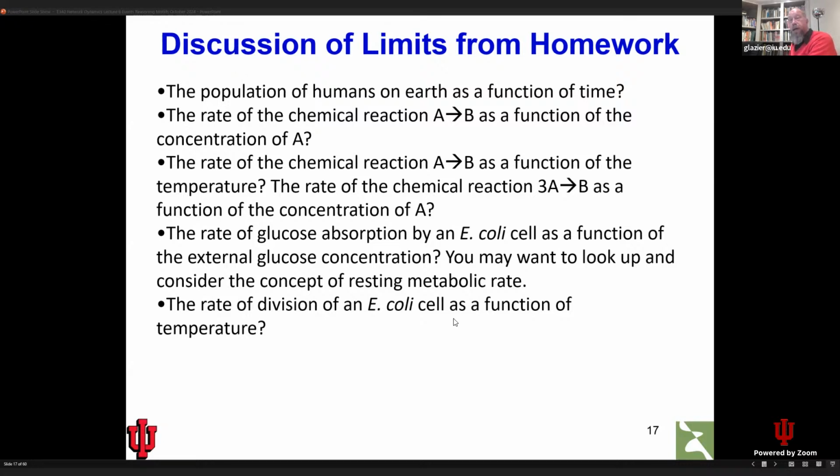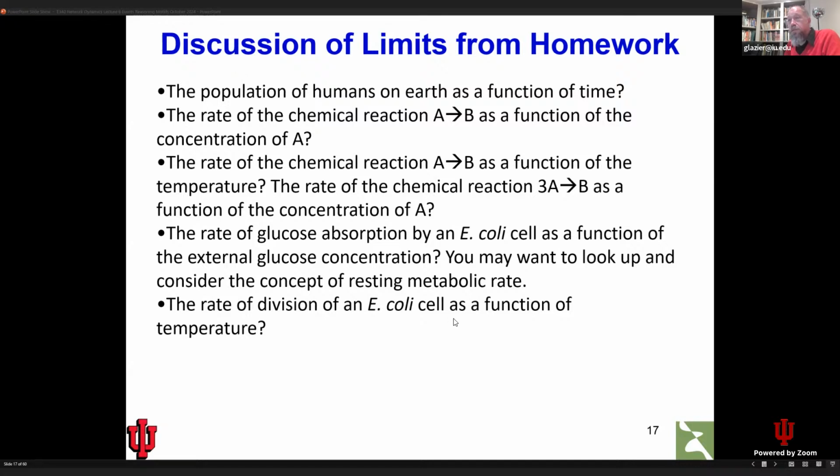On the other hand, the rate of back reaction will also go up. That is, the rate of reaction of B goes to A will go up. And so the net rate of A going to B, at least for low temperatures, will probably increase. But at high temperatures, maybe the back reaction is faster. You don't know.